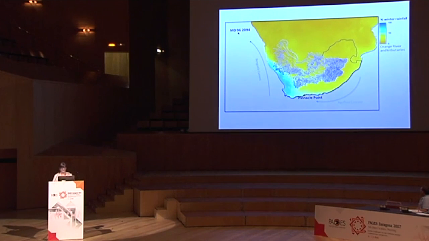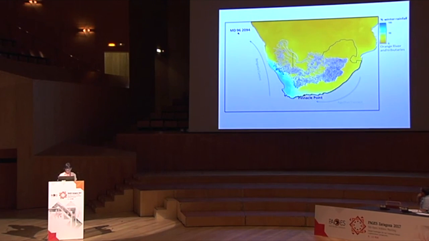That has been interpreted to reflect river runoff from the Orange River. So this is the Orange River and all of its tributaries. We can see that nowadays most of this is located in the summer rainfall region that gets a lot of its rainfall from these tropical temperate troughs.